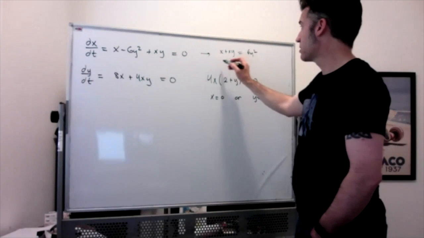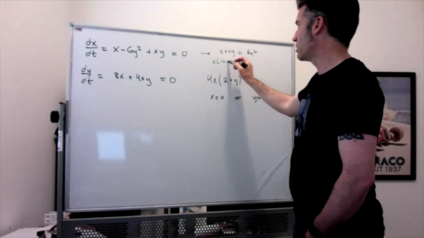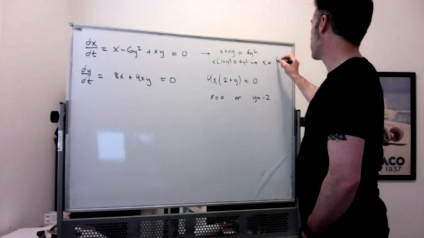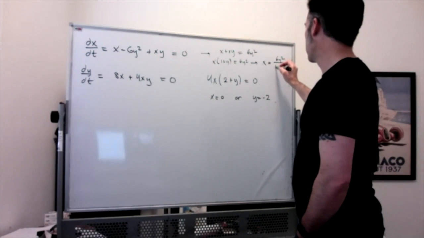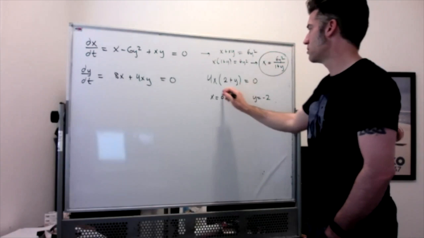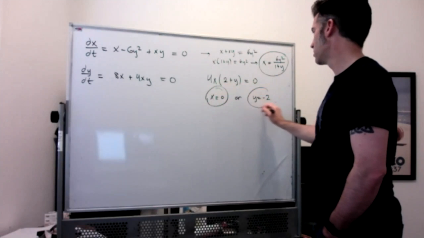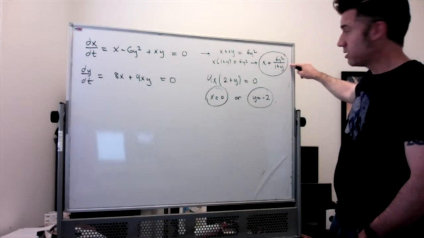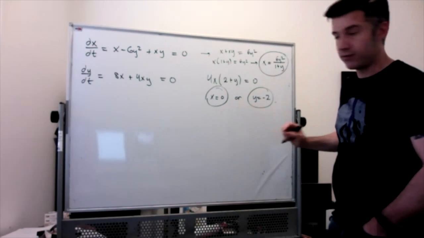Factor out an x. So x times 1 plus y equals 6y squared. So x equals 6y squared over 1 plus y. So these are my null lines. This is my x null line. These are my y null lines.